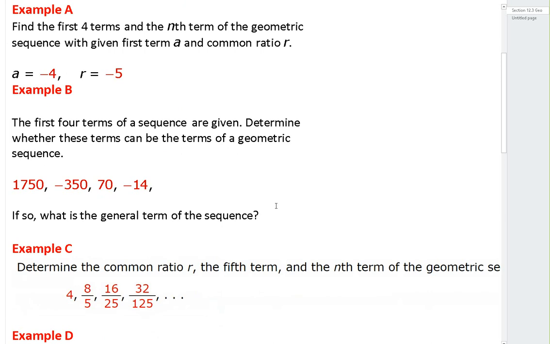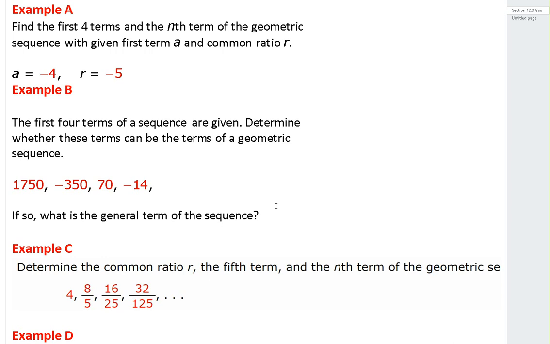So they give you the first term of a geometric sequence and the common ratio. So for example A, a sub 1, now like I said, WebAssign often will write it as just a, not a sub 1.